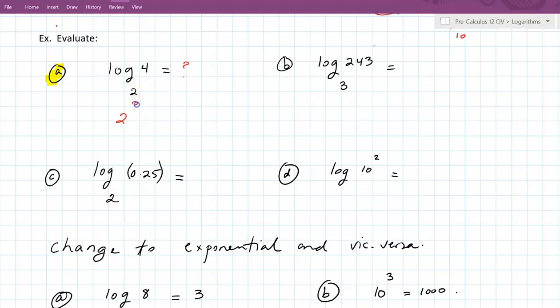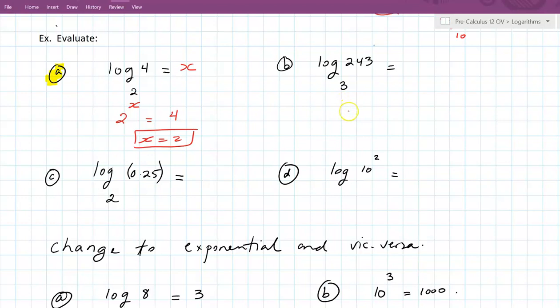So 2 to the exponent equals 4. Excellent. So the way we write the question mark, obviously, this is primitive. Let's call it x. All right. So we can say now 2 to the x equals 4. And in this case, we know x equals 2. Great. And that applies to every single one of these. Okay. Let's go ahead and finish all of them.